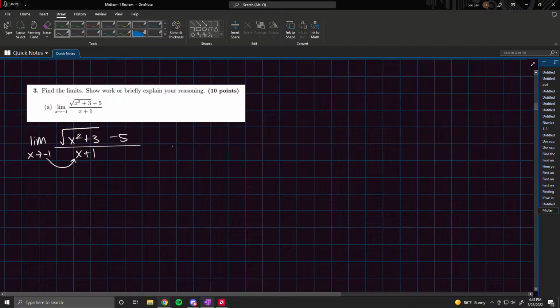But just for completion's sake, let's see what happens on the top as well. I get the square root of -1 squared plus 3, minus 5, all over 0. This was 1, so this is 4, so root 4 is 2, so 2 minus 5, which is -3 over 0.